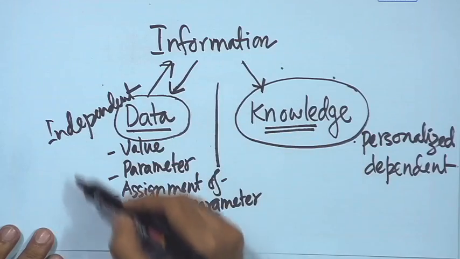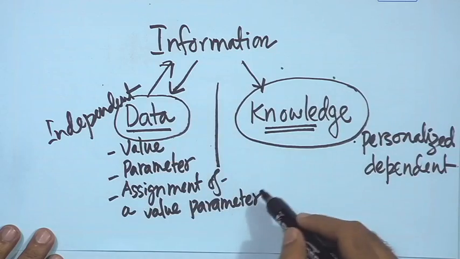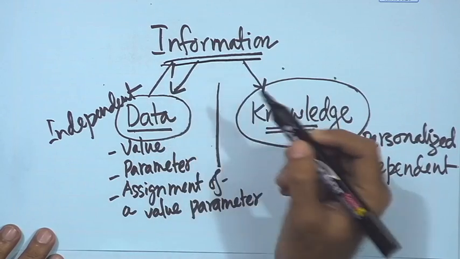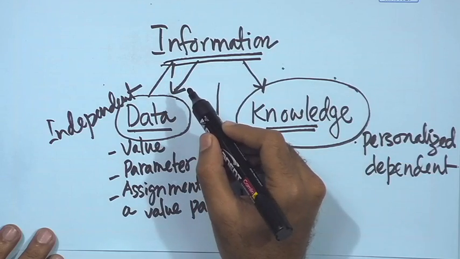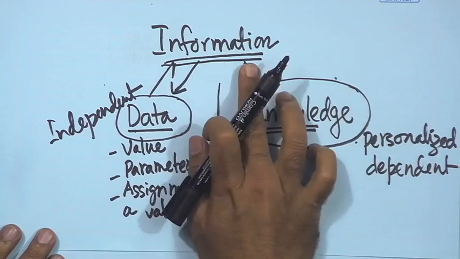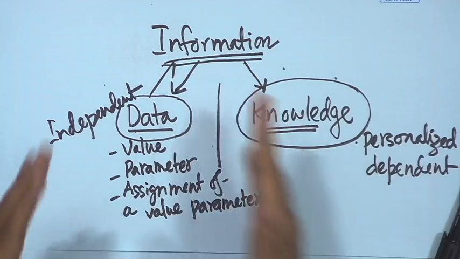So, these two differences we need to understand very precisely when we talk about information, because information many times is used in a very generic manner. For different disciplines information is used, but we have to understand that information has two parts.